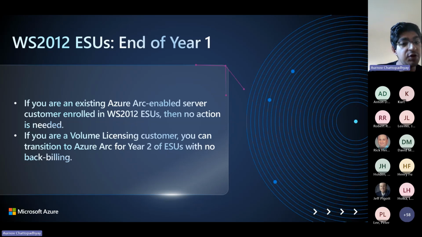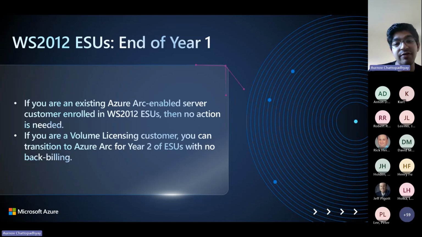However, if you are a volume licensing customer, you need to transition to Azure Arc for year 2 of ESUs, which is an offer where you can specify your invoice ID at the time of provisioning your ESU license. This will make sure you're exempt from back billing for year 1, and you can go from VL to year 2 on Arc.